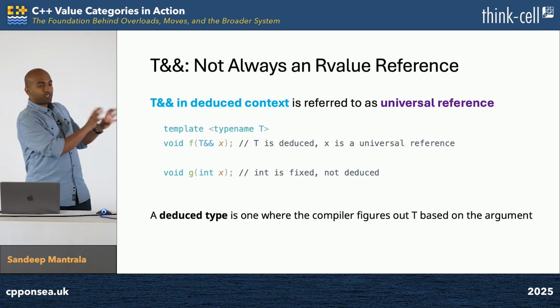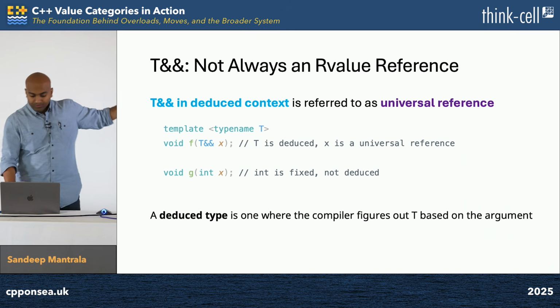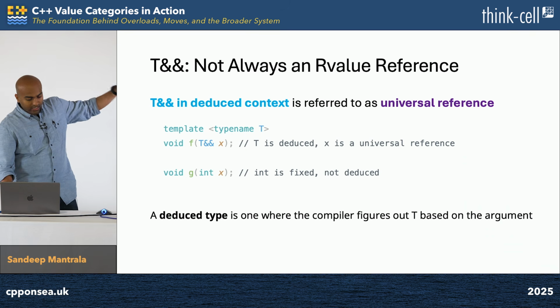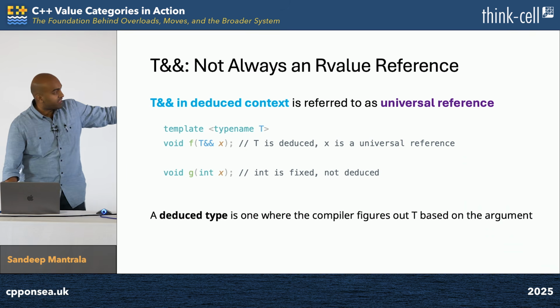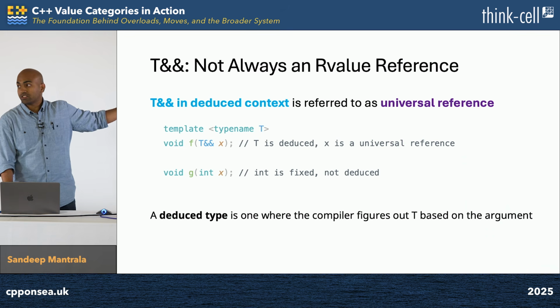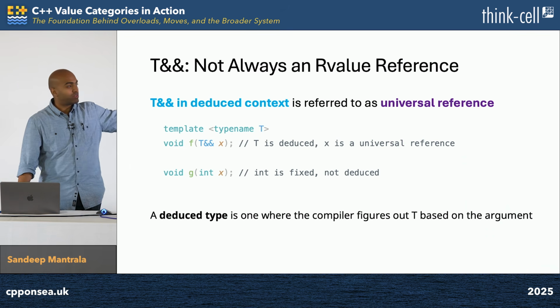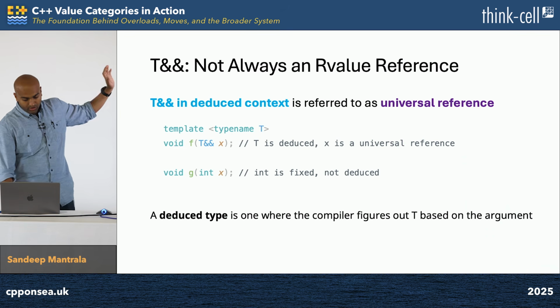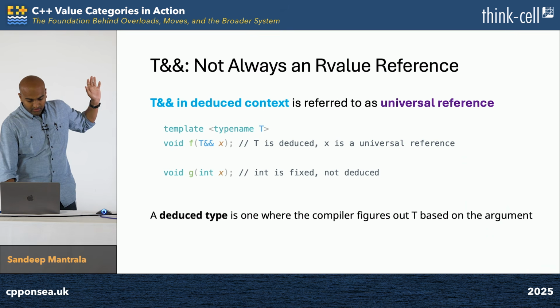We created this one exception. Here it is called universal reference, and the rules are slightly different from the rules for R value references. So just keep that in mind. We'll talk about the rules and what is special about this.